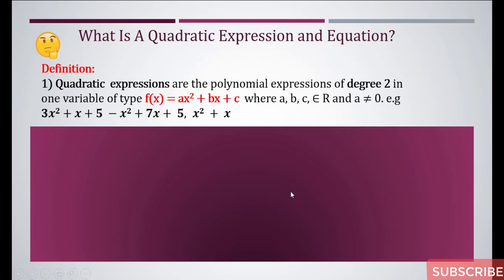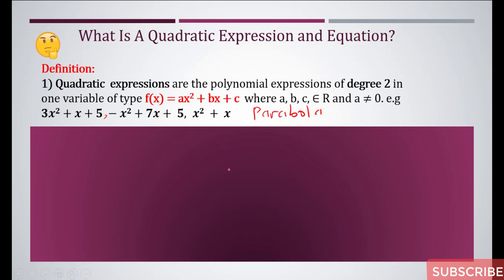Examples of expressions are 3x squared plus x plus 5, negative x squared plus 7x plus 5, and x squared plus x. We realize that these expressions are not equated to anything on the right hand side, and so we call them quadratic expressions. This particular expression, f of x equals ax squared plus bx plus c, represents what we call a parabola on the Cartesian plane.